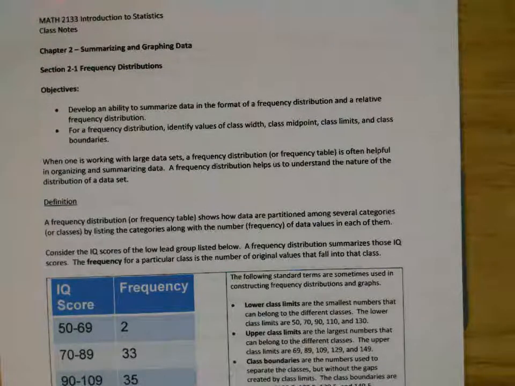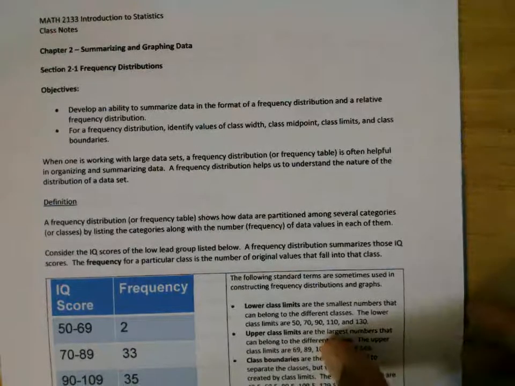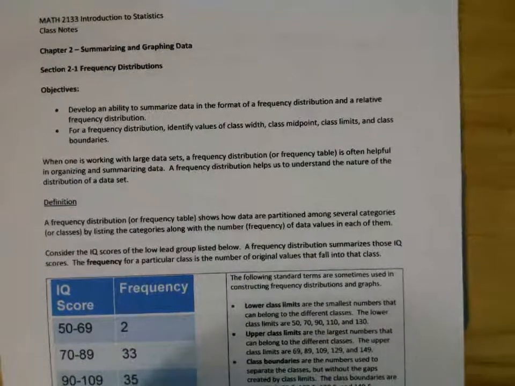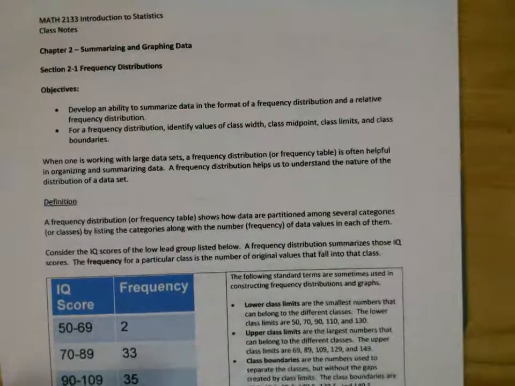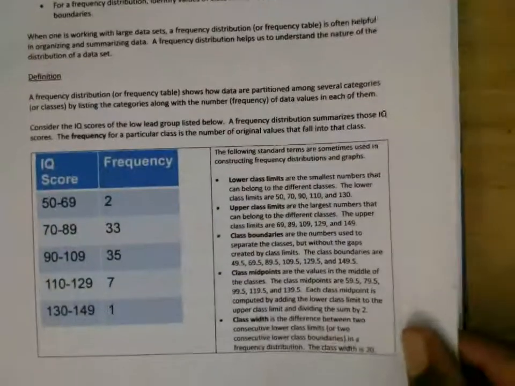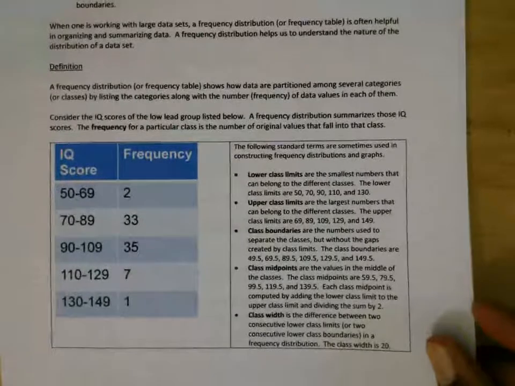Okay, so let's define what a frequency distribution, or a frequency table, is. It shows how data are partitioned among several categories or classes by listing the categories along with the number or frequency of data values in each of them. So let's consider this frequency distribution that we have here.